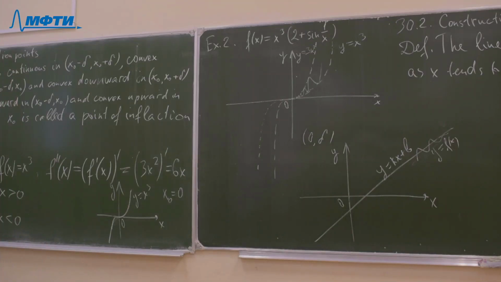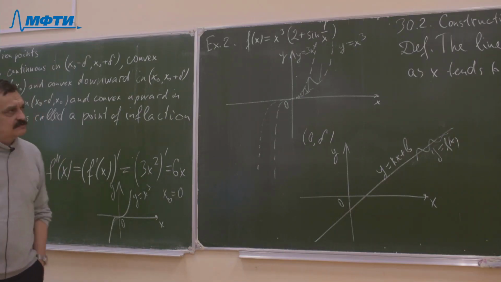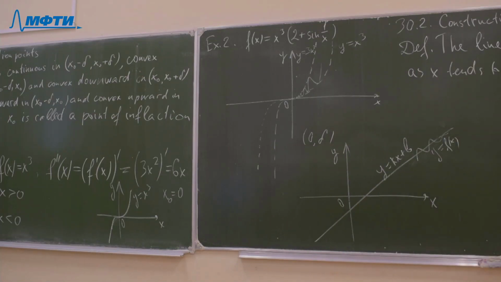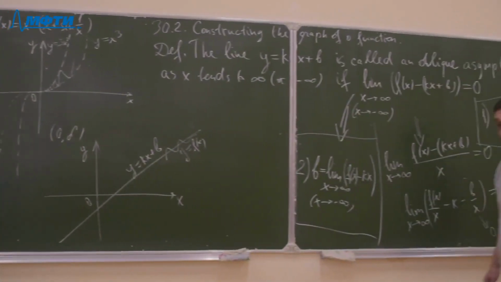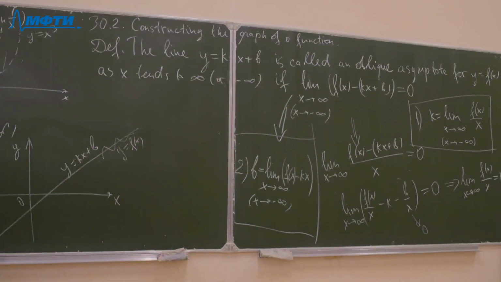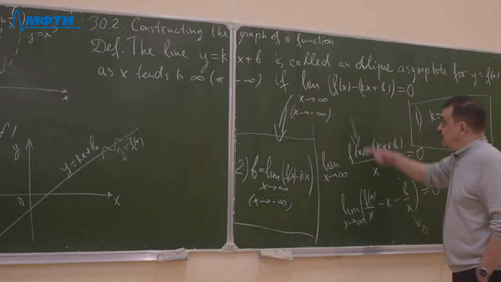Okay, but I wonder if I answered the question about why did you convert the limit of f of x minus kx plus b? I'm not sure if I understood correctly the question. Yeah, now I understand.